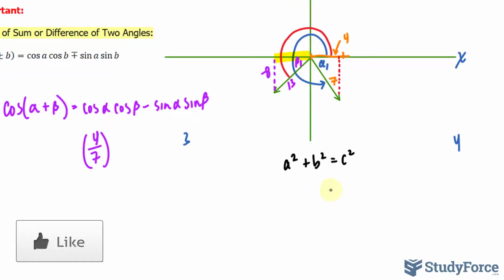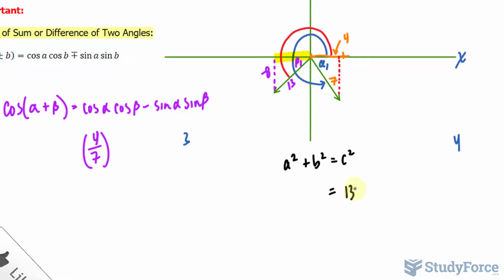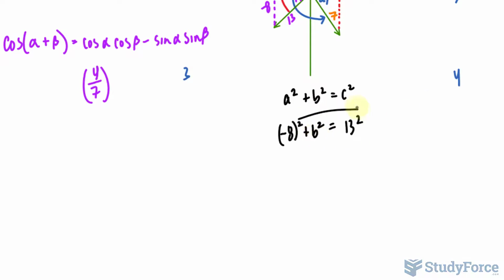We have the hypotenuse, it's 13, so I'll replace c with 13 squared, and I'll assign negative 8 as a. You should know how to solve this, it's really easy. Just take that over and then square root both sides. You should end up with 169 minus 64, and the square root of that is square root of 105. Leave it as the square root of 105.